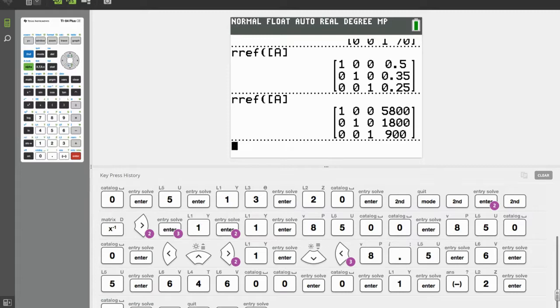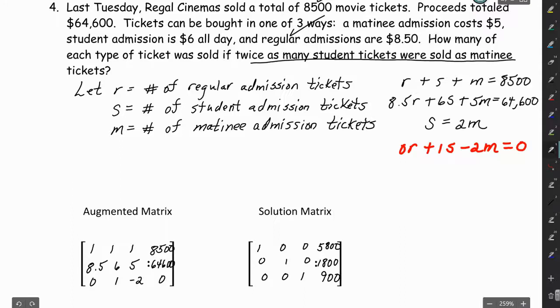Okay, we're going to write our solution matrix and interpret our solution. And remember, the original question was asking us how many of each type of ticket, and we've done this in the order of R, S, and M, so regular, student, matinee, so that we know we sold 5,800 regular tickets, 1,800 student tickets, and 900 matinee tickets.